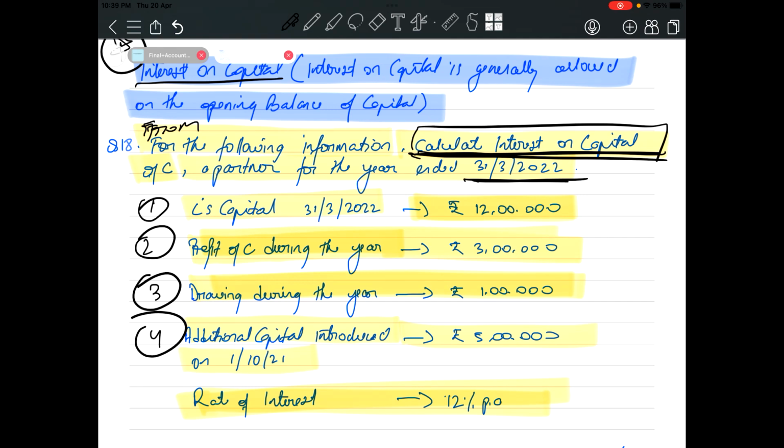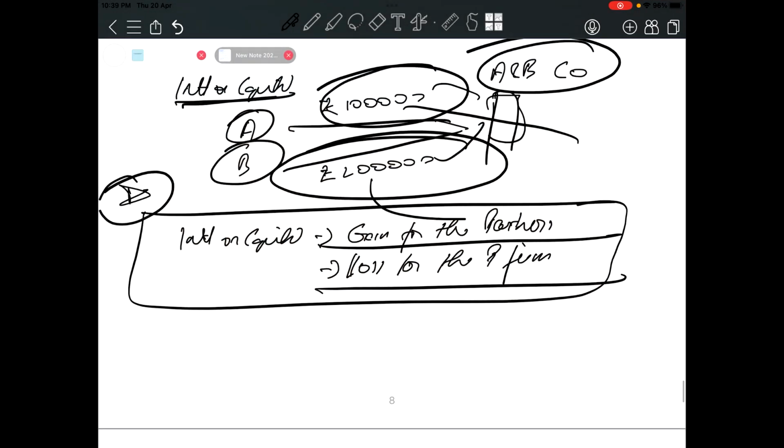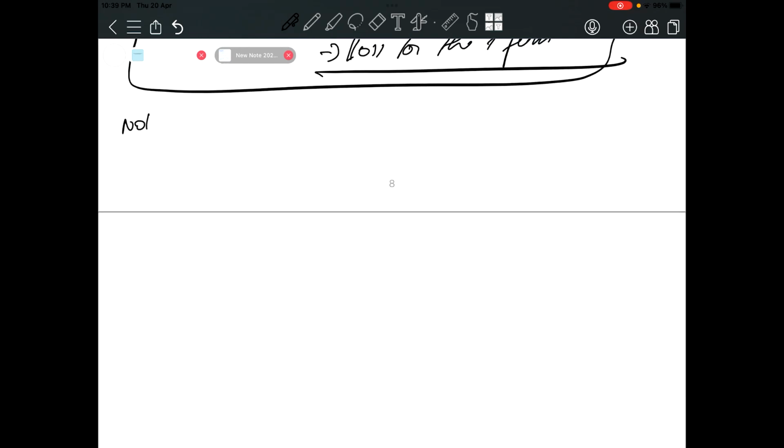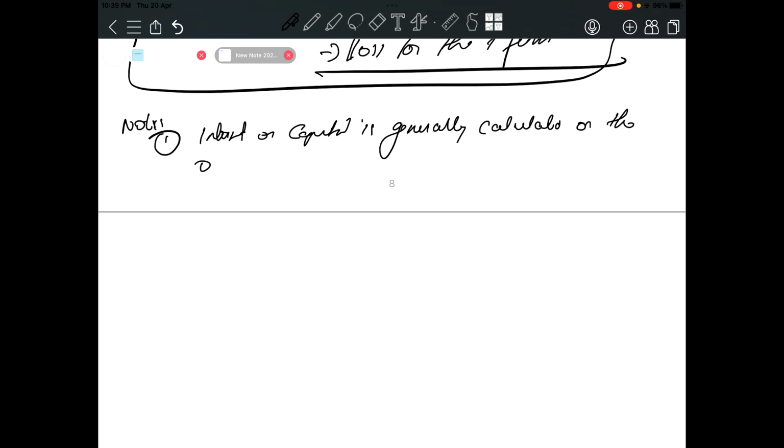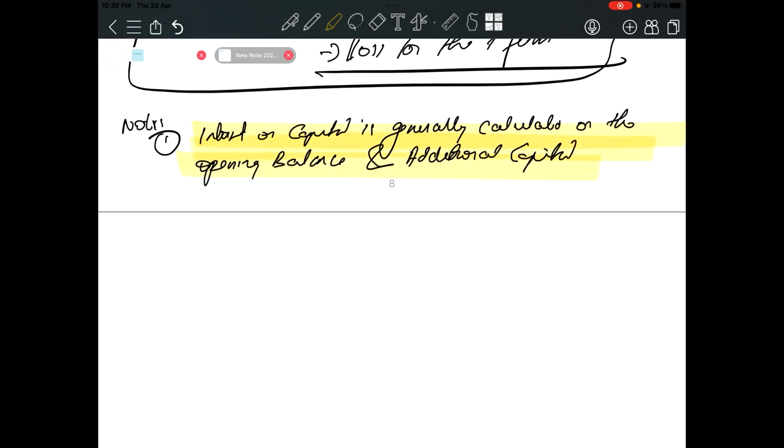Before we start, you should always know one thing. Note this down. Important note: interest on capital is generally calculated on the opening balance and additional capital introduced.